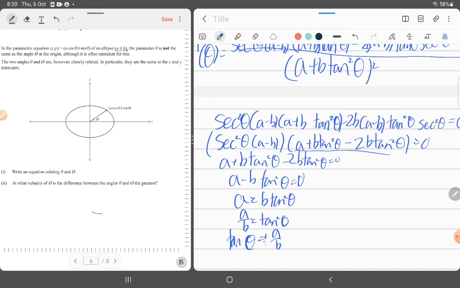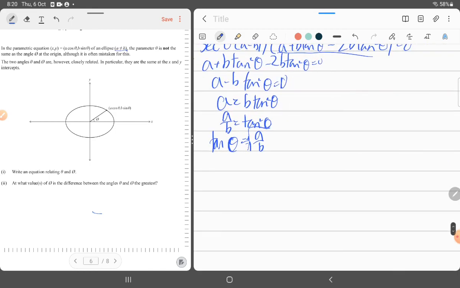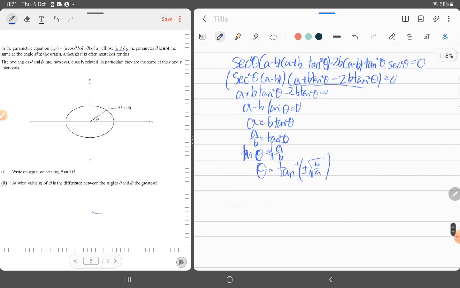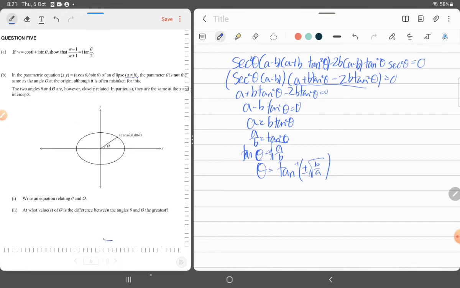And theta will be equal to inverse tan of plus or minus square root of b over a. Yes, that. I am pretty sure that is the answer. Hopefully.